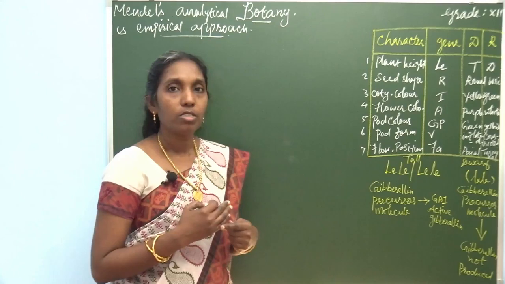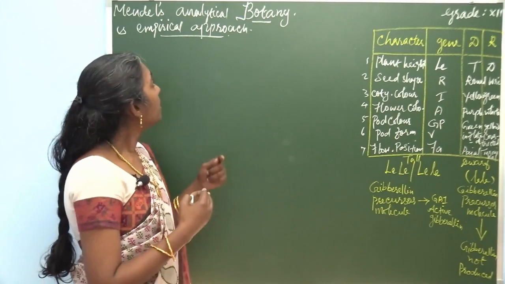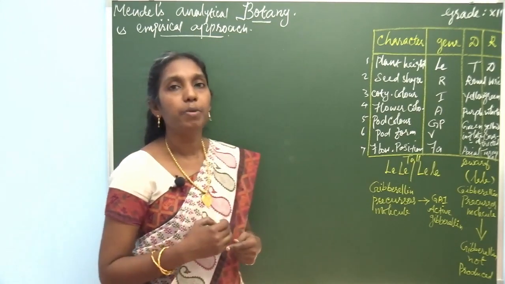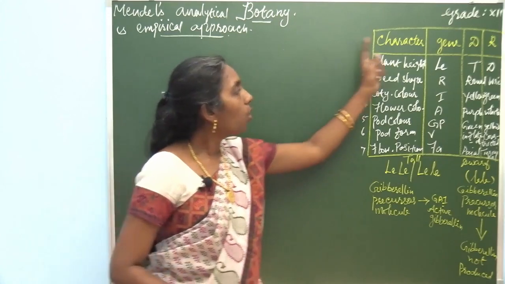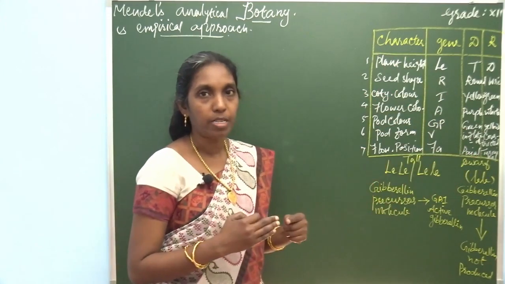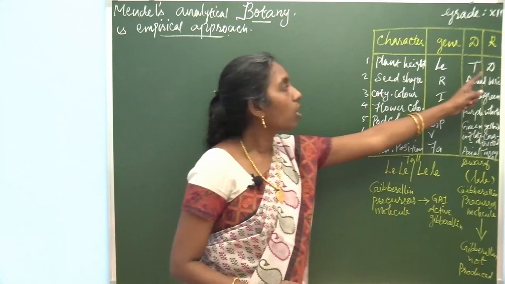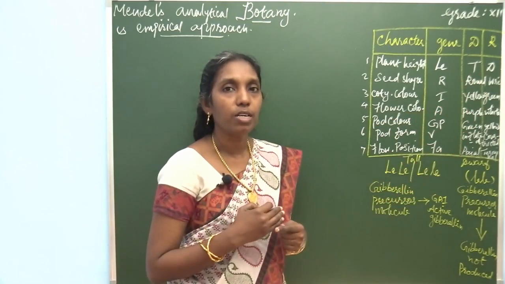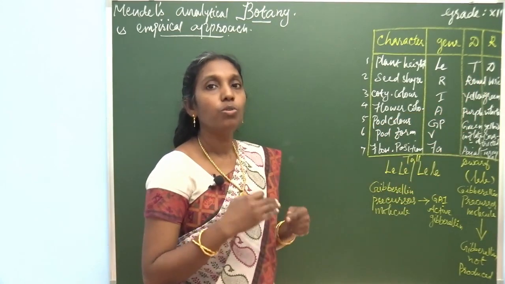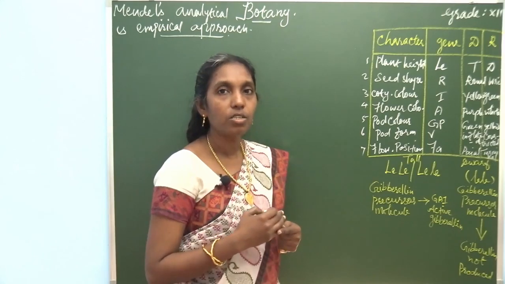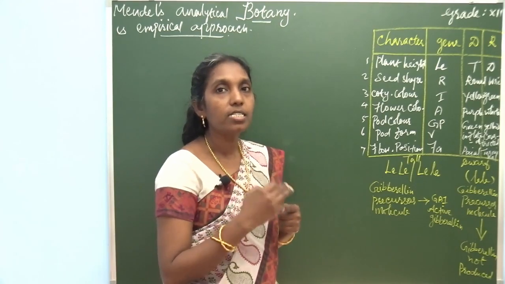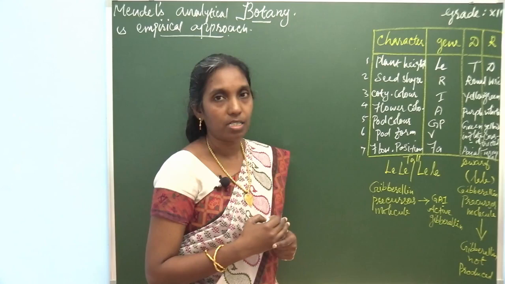Now we are going to learn Mendel's analytical and empirical approach. In all his hybridization experiments, Mendel chose 2 contrasting characters, dominant as well as recessive, 2 traits which exist as 2 different factors.